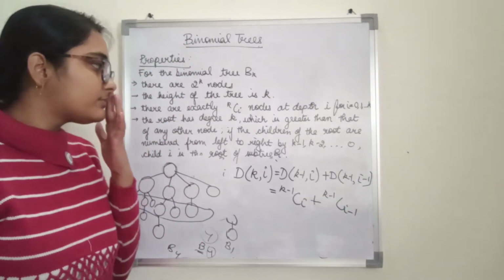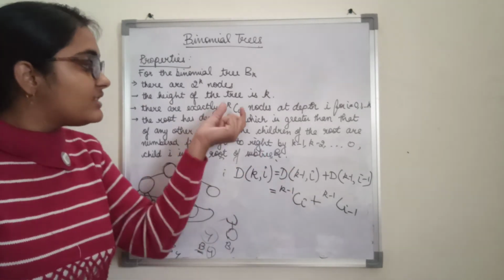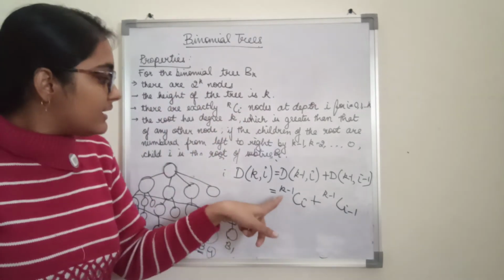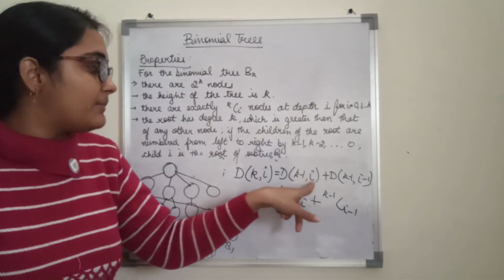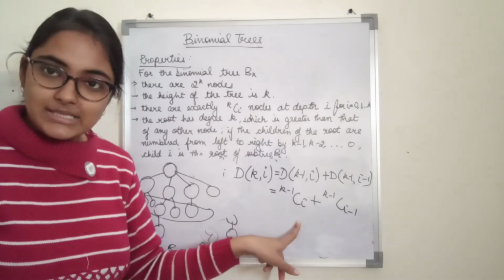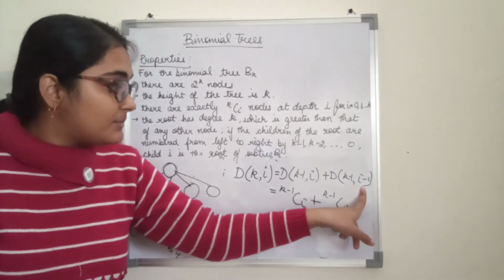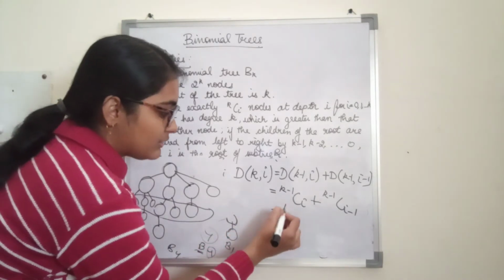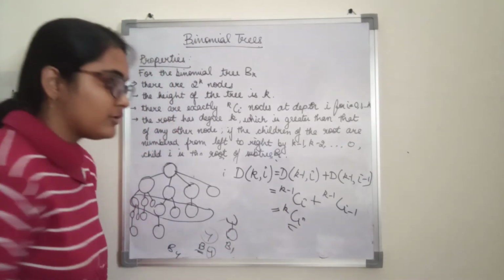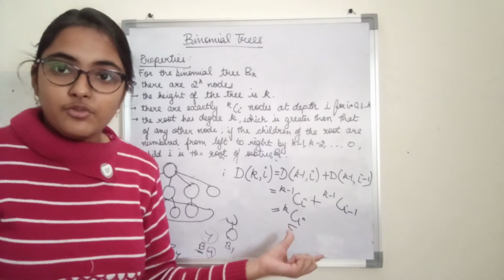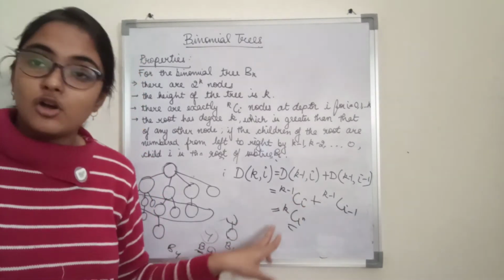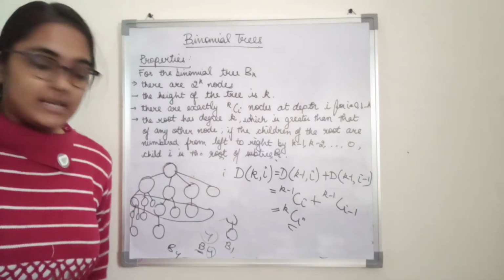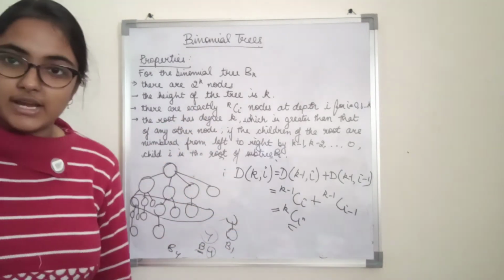Got it? What I mean to say is, if this is true for B(K-1), the number of nodes at depth I in B(K-1) will be (K-1)CI, and the number of nodes at depth I-1 will be (K-1)C(I-1). If you add them, you will get KCI. So we assume this to be true for K-1 and we got this to be true for K. I don't know if you want that proof or not, but I hope you understood.